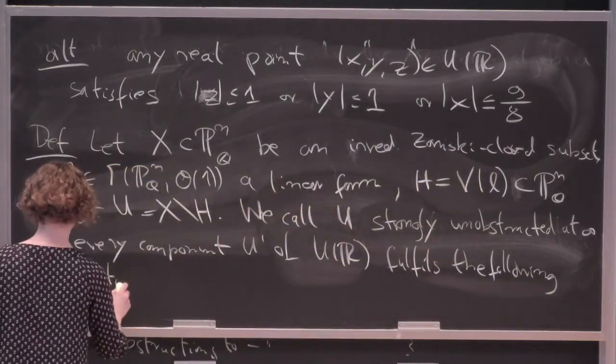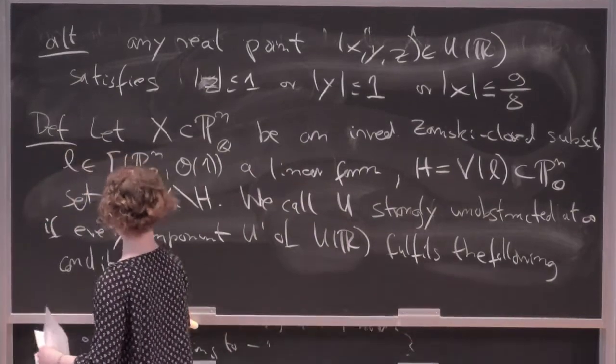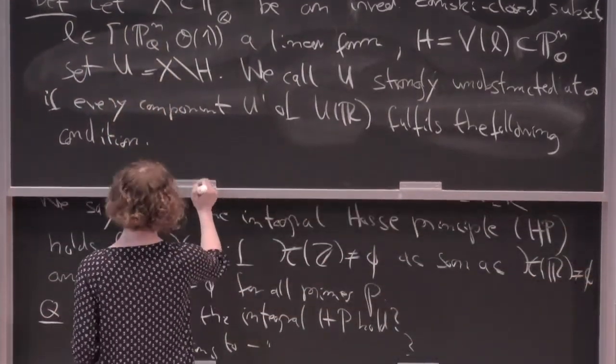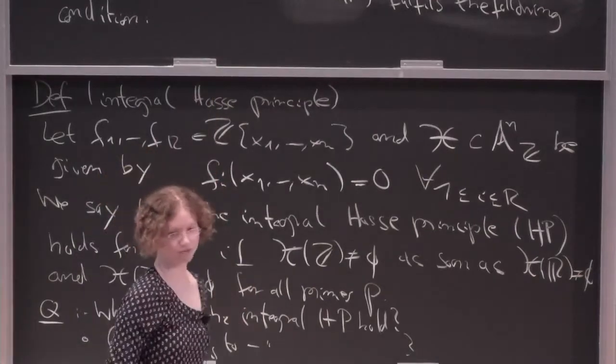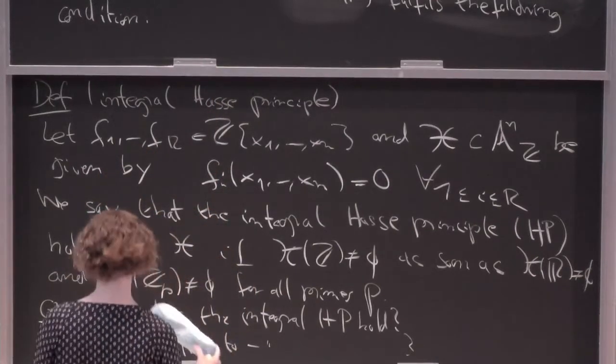In a way, we want to rule out that there are some functions for which at least one of them is always bounded. And one way to say this is the following.